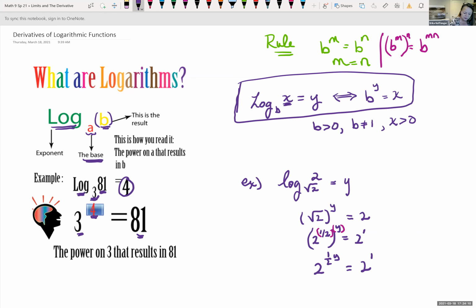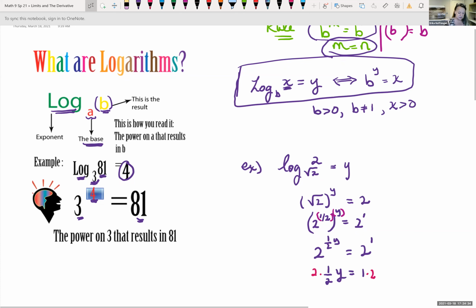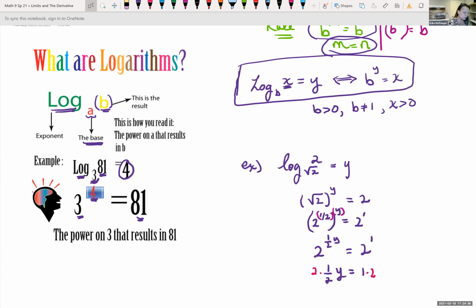Now we've manipulated those bases to be the same, so we can set our exponents equal to one another. We have 1/2 y equals 1. Now we can get y by itself by multiplying both sides by 2, or dividing both sides by 1/2, which means invert and multiply. This gives us y equals 2.